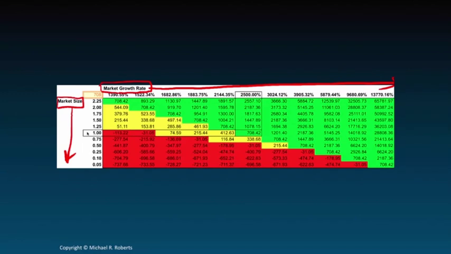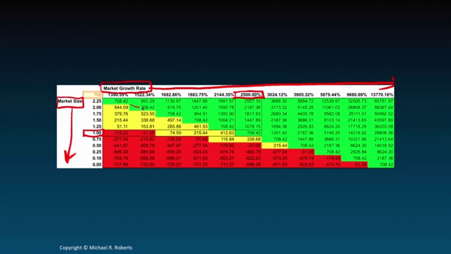Here's our base case, indicated by the black outline boxes. The initial market size was 1 million units, and we were assuming 2,500% growth in the next year. But what this picture shows is what happens to the valuation as that growth and that market size vary. The cells inside are NPVs, and I've color-coded them so that green is at or better than our baseline.